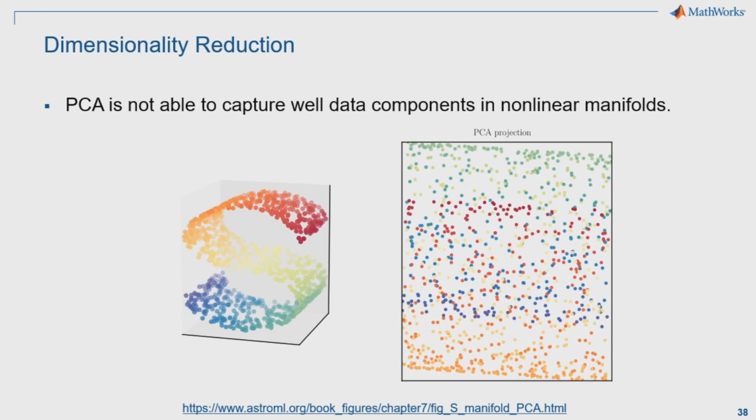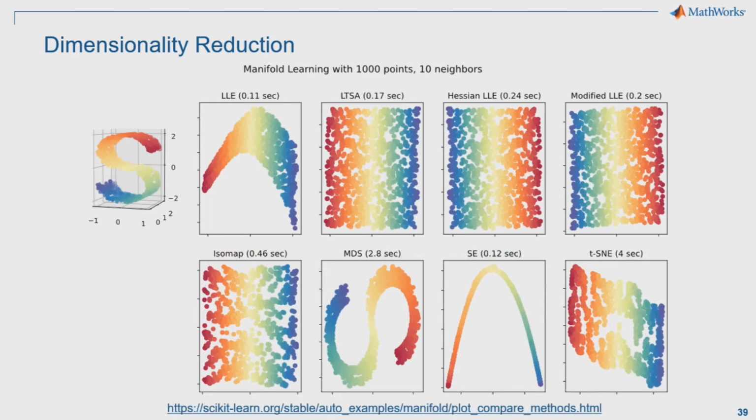In those cases, you need other techniques to do dimensionality reduction. Here are some examples. You can use, for instance, Isomap, Sammon mapping, multidimensional scaling, which is the next topic that we are going to discuss, and also t-distributed stochastic neighbor embedding.